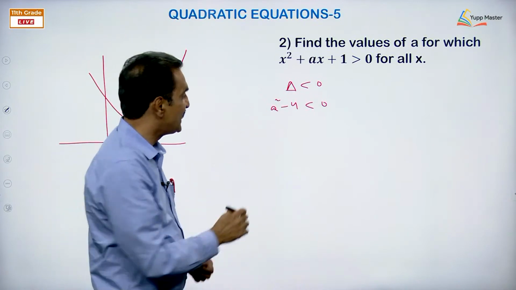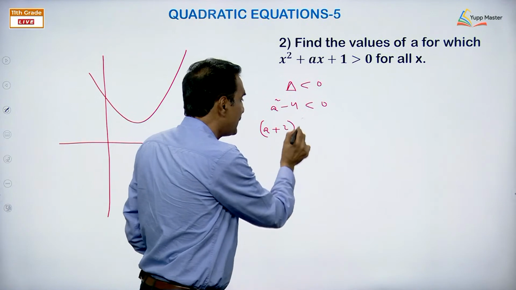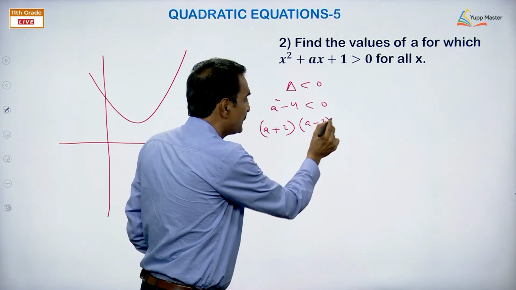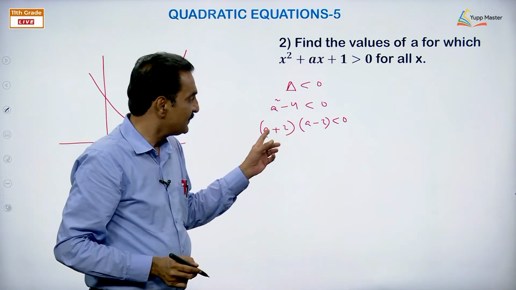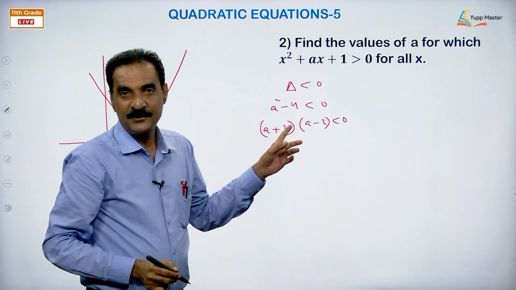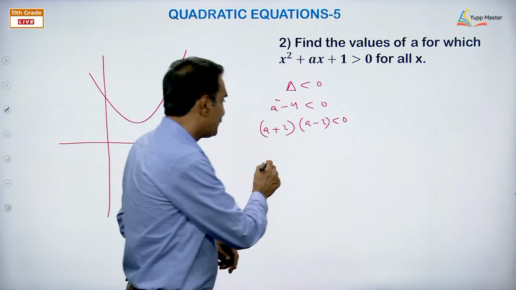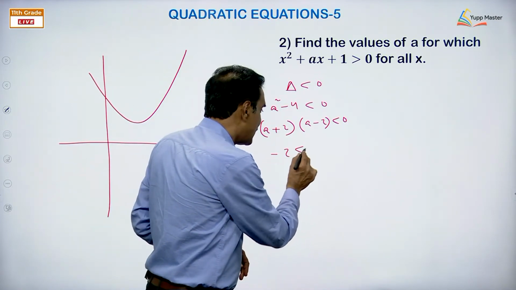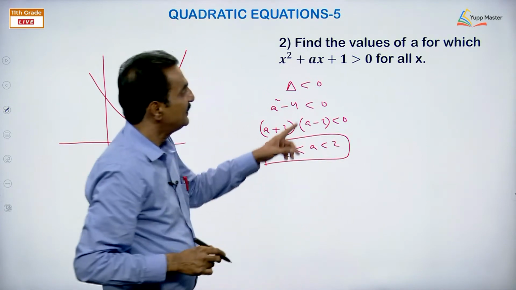You can factorize this as a plus 2 into a minus 2 less than 0. What is the interval? If x minus alpha into x minus beta is less than 0, x lies between alpha and beta. Therefore, minus 2 less than a less than 2 is the interval of a.